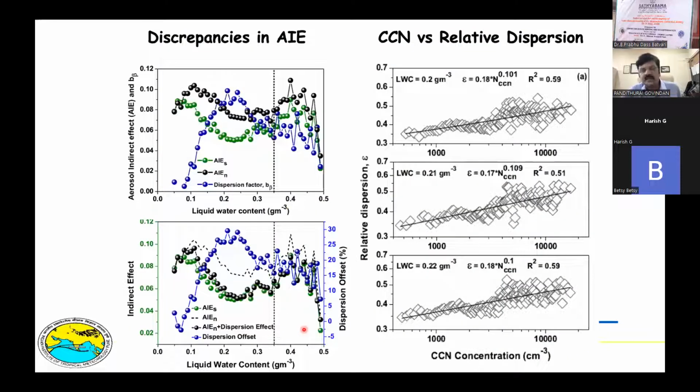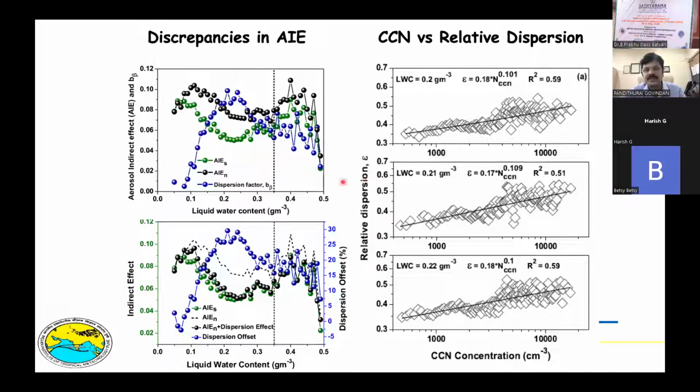So one thing we noticed is that there is a discrepancy in aerosol cloud interaction estimates when you consider number concentration and cloud droplet size. So there is a systematic bias in that. We were wondering why there is bias, and we also looked at how the increase in aerosol not only changes the droplet number concentration, it also changes the dispersion of the cloud droplet size distribution.